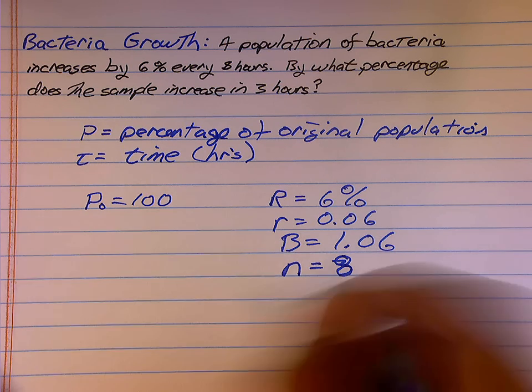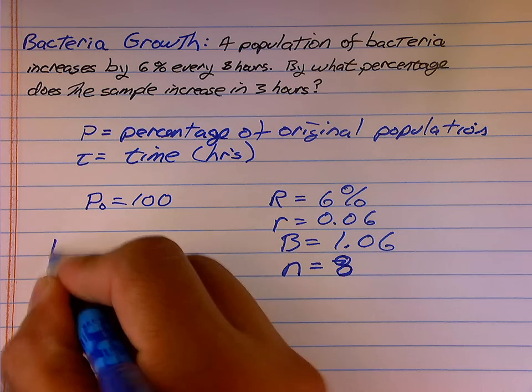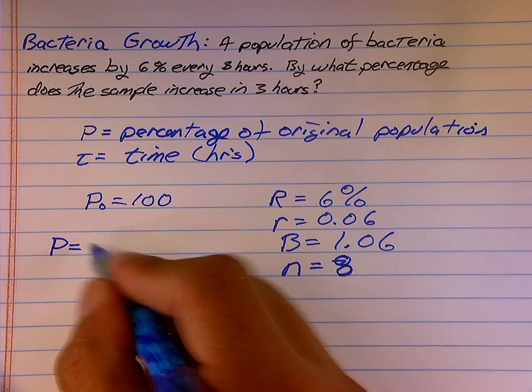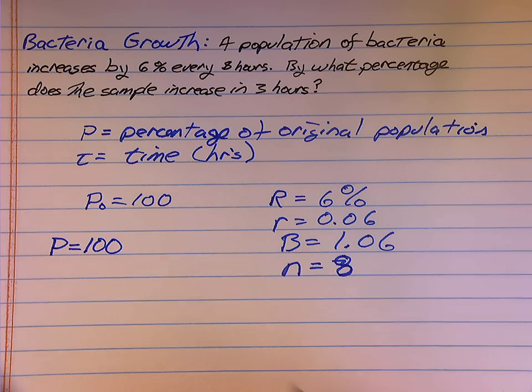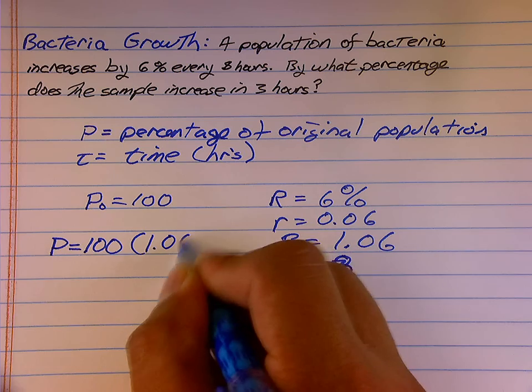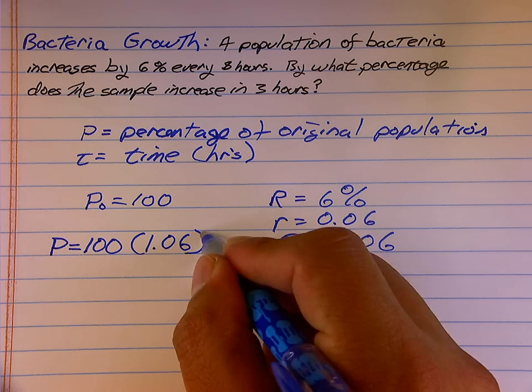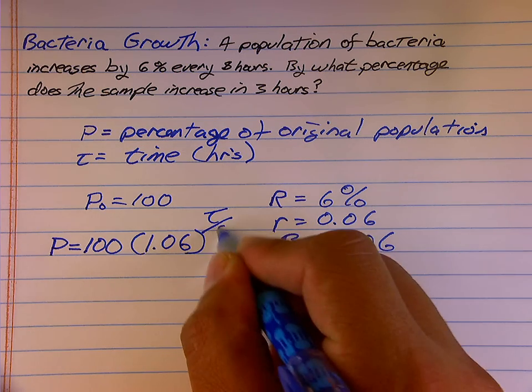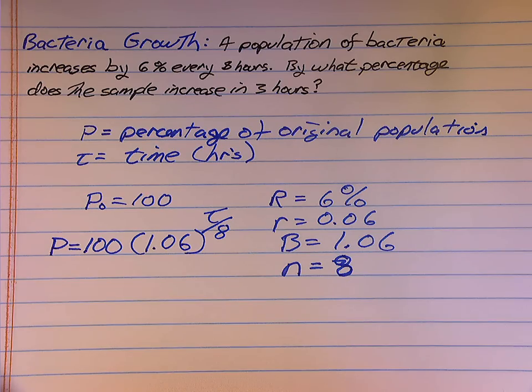So my formula can then be written as the population starting with 100% has a factor of 1.06 every 8 hours. So using a relative factor, I was able to very quickly generate an exponential function.